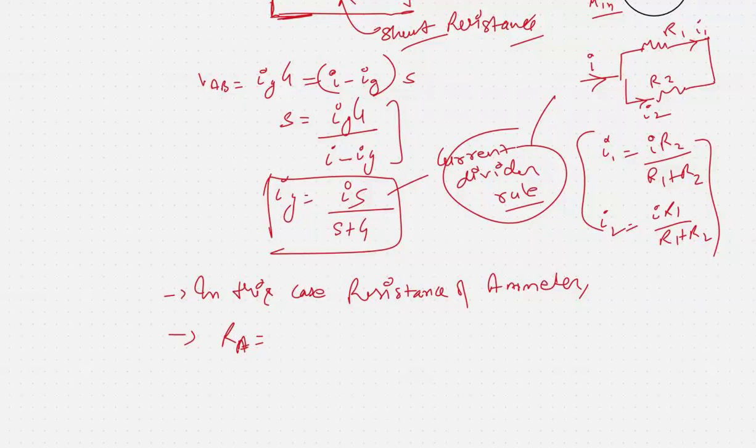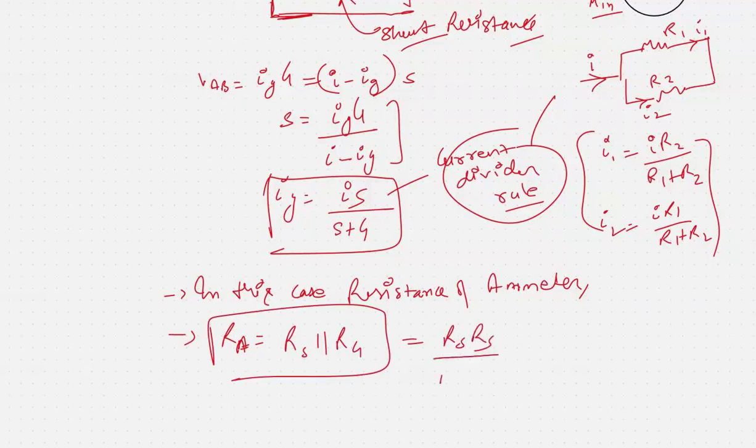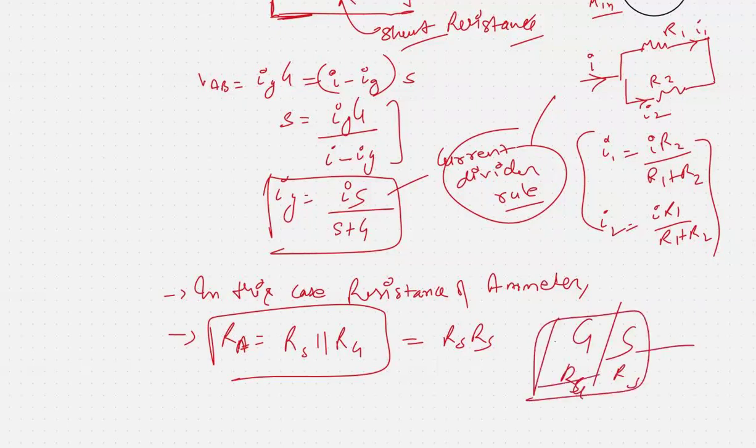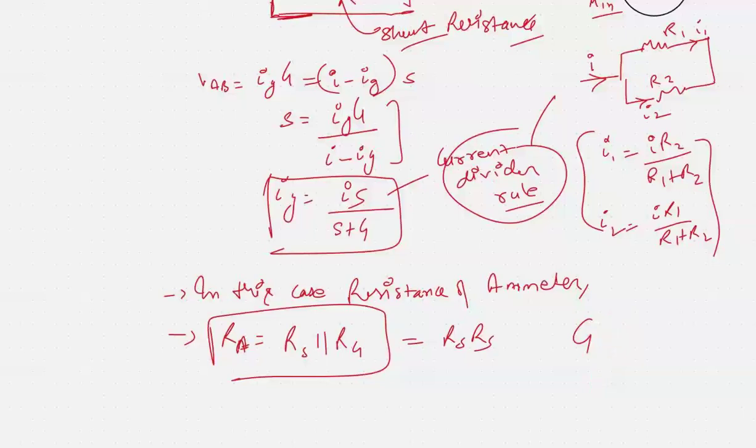So I can simply write RS in parallel with RG. Somewhere I have written G, somewhere S, somewhere RG, RS, so don't get confused with this part. So this will be RS times RG divided by RS plus RG. Any doubt till here? No, sir. Okay.